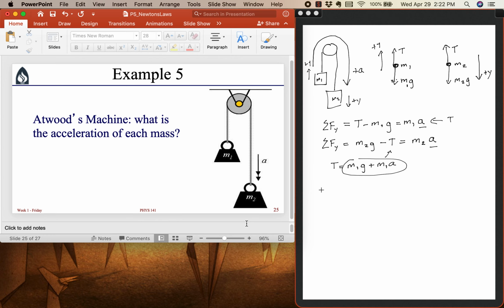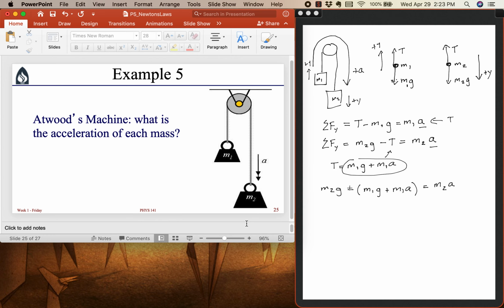So then that would give me M2G minus the tension force, which is M1G plus M1A, is equal to M2A. Okay, so now I have an equation that only has acceleration and the two masses in it, and g, which of course I know.